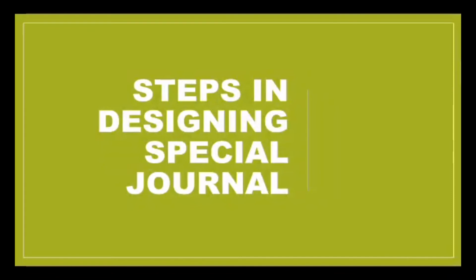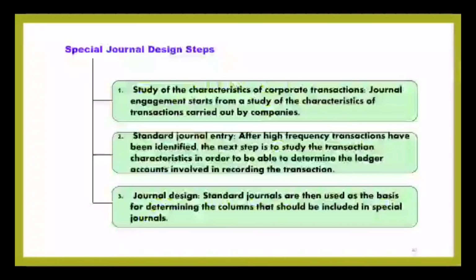The next is how we can design a special journal. There are some steps that you must follow when you design a special journal. The first step is you have to study the characteristics of the company's transactions.